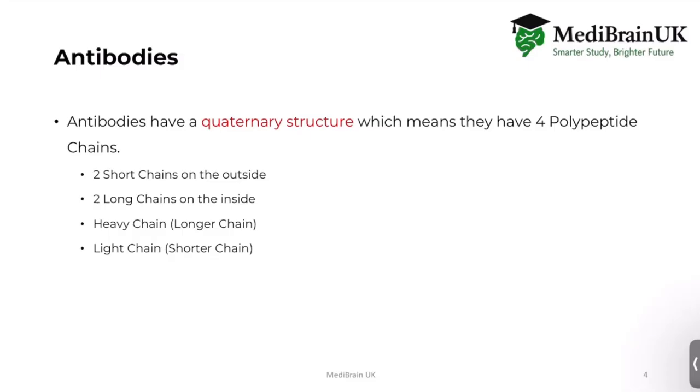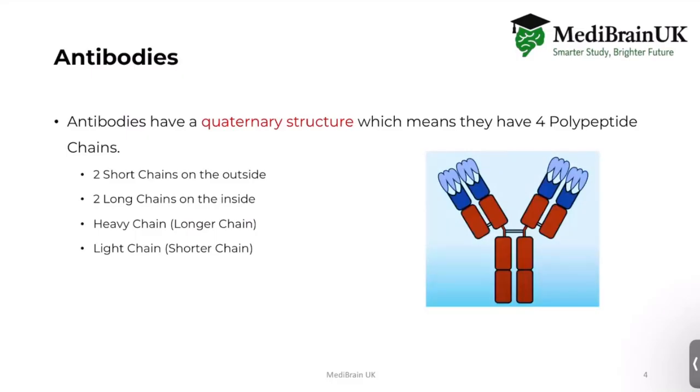It has 2 short chains which are present on the outside. It has 2 long chains which are present on the inside. It has a heavy chain and a light chain. Now, if I show you the structure of an antibody, as you can see, on the outside, you have 2 shorter chains, this one and this one.